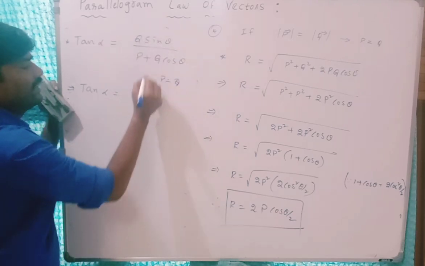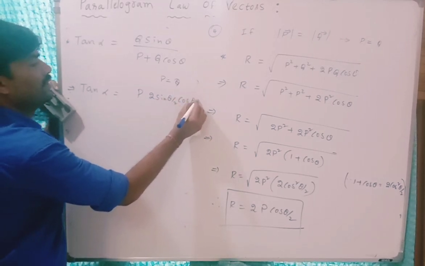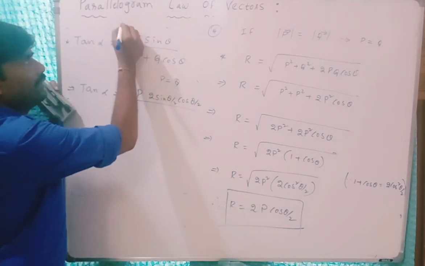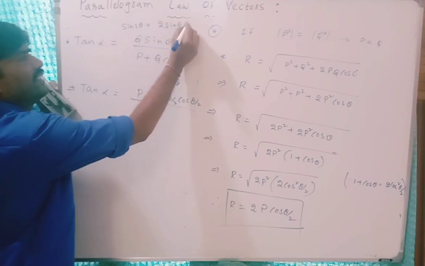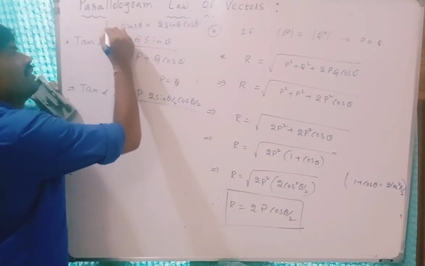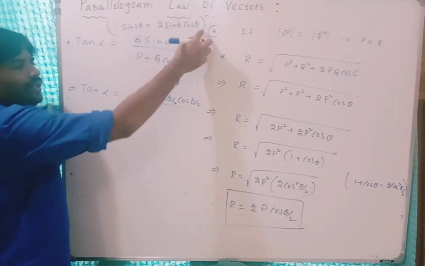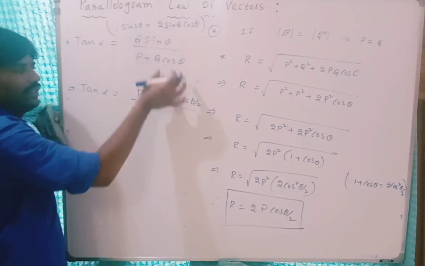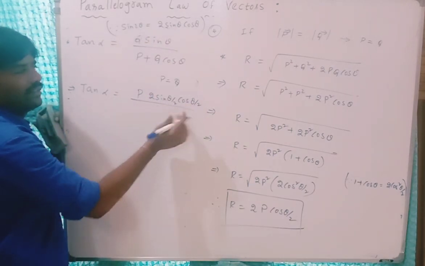You can write sin theta as 2 sin theta by 2 cos theta by 2. This is based on the sin 2 theta formula: sin 2 theta is equal to 2 sin theta cos theta. So I have written sin theta as 2 sin theta by 2 cos theta by 2.